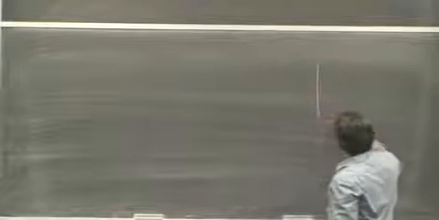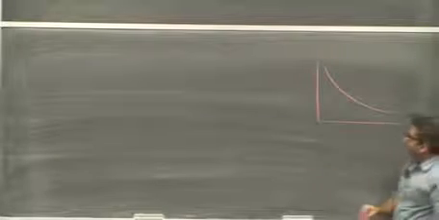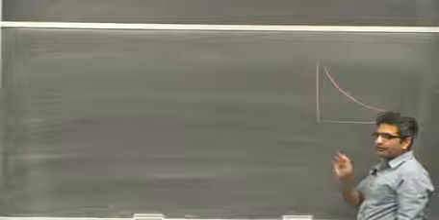So what he's saying is that if you have a function going like this, one way to replace this function is with small rectangles like these, where the center of these rectangles lie on the actual curve.